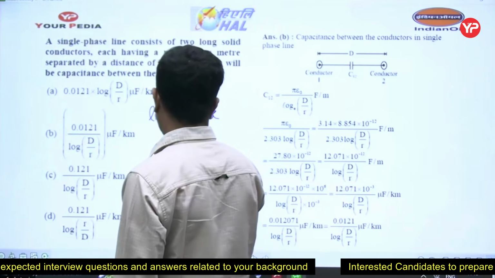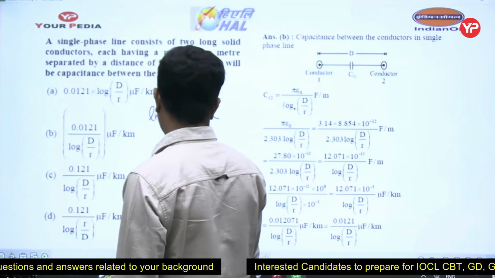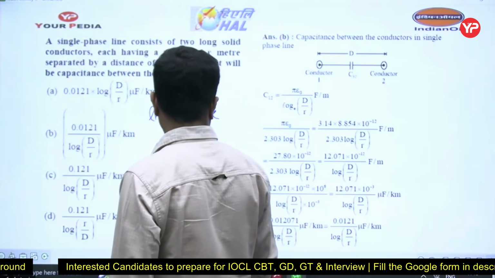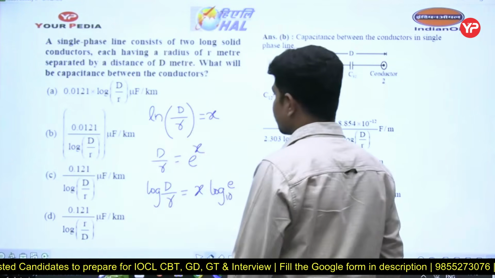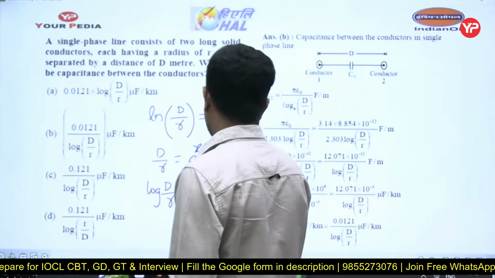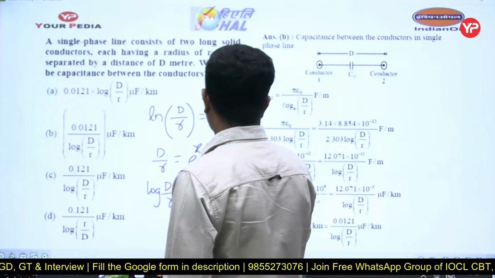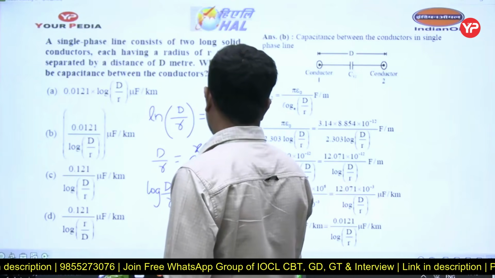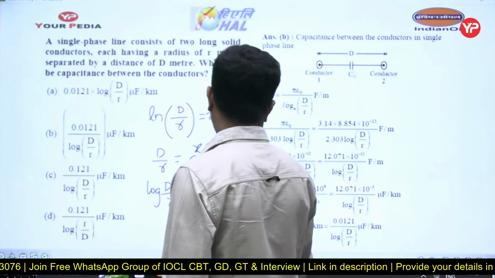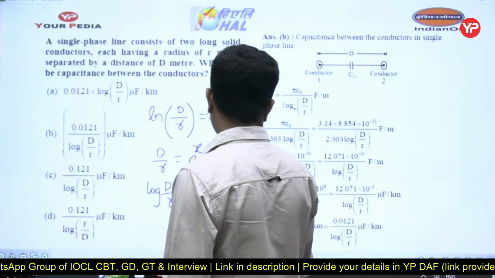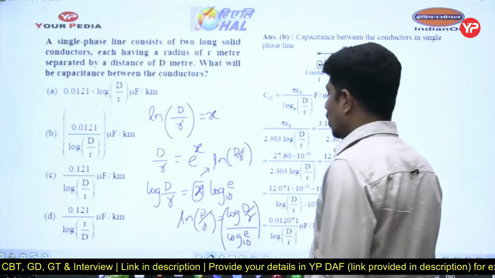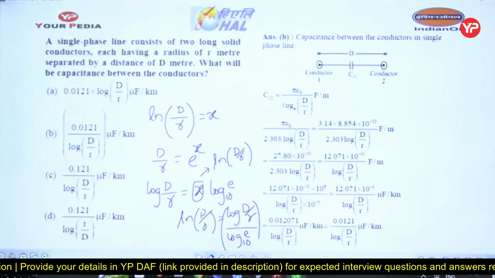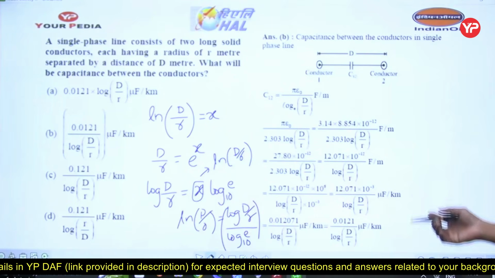Now apply log on both sides: log of D by r is equal to x log e, log to the base 10. What is x? x is ln of D by r. So ln of D by r is equal to log D by r divided by log of e to the base 10. Calculate this and put it there. In place of ln of D by r, put log D by r by log e to the base 10. You'll be getting the answer, right?